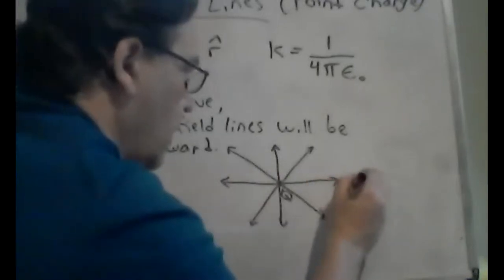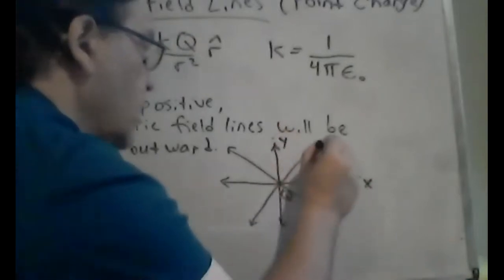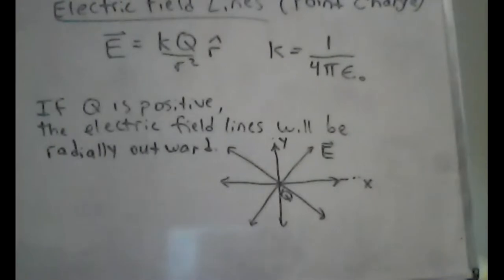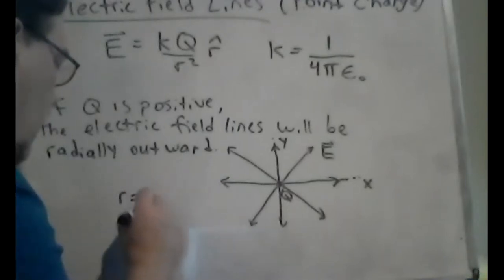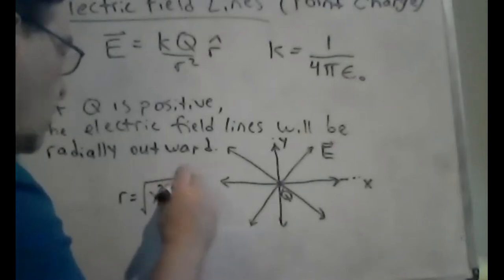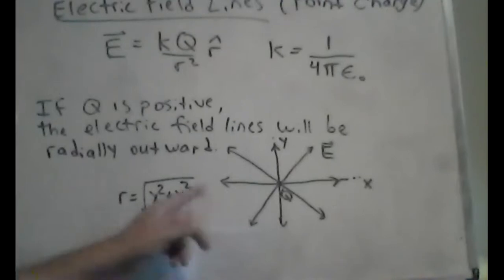I might label this the x-axis, this the y-axis. This is my electric field. These radial spikes everywhere should be the same length if I drew my picture well. I understand it's dependent on R. How do I get R if I know the Cartesian coordinates? R is equal to the square root of x squared plus y squared.